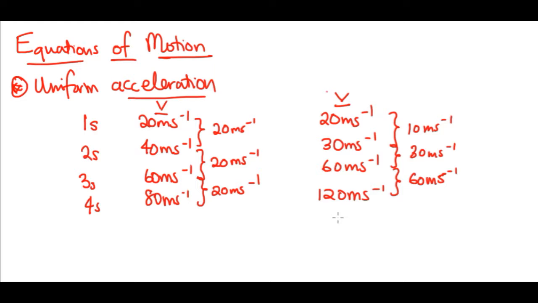I think you can already tell which of the two moved with uniform acceleration. I hope we can all agree that this person here is the one that moved with uniform acceleration, because his velocity changed by equal amounts every single time.